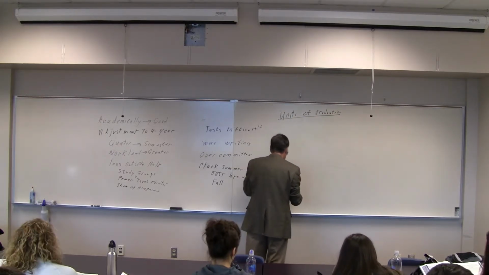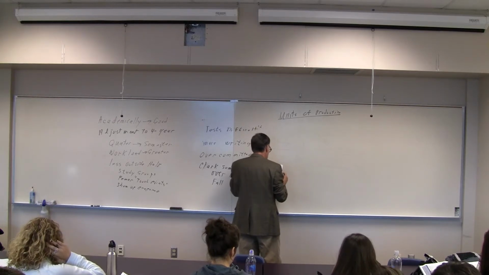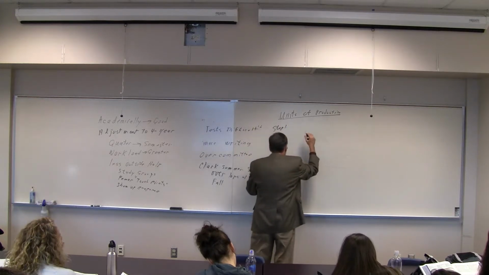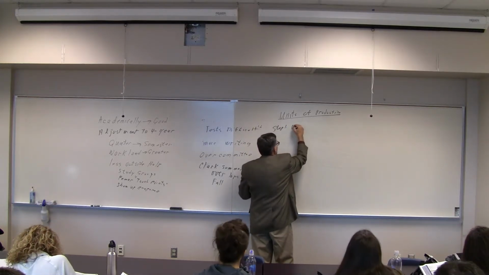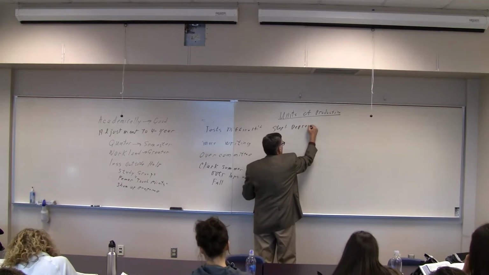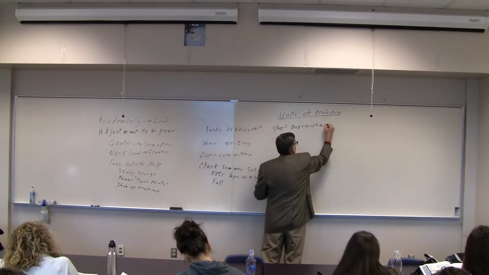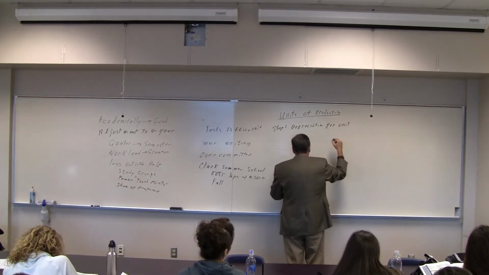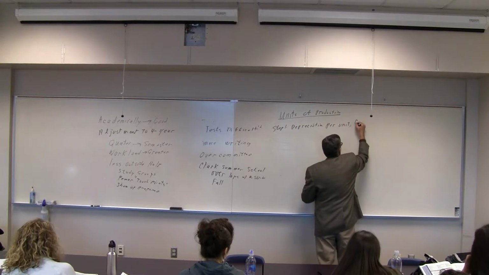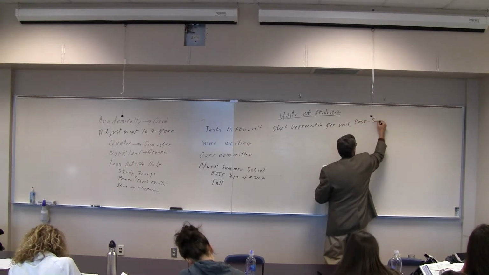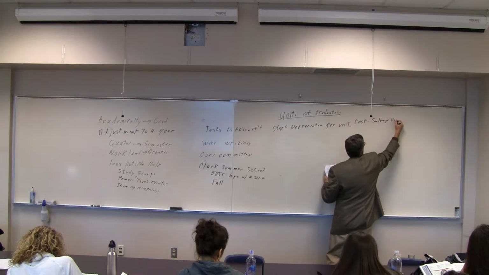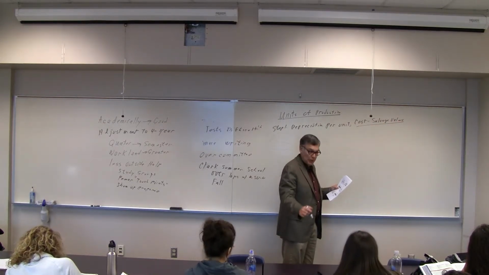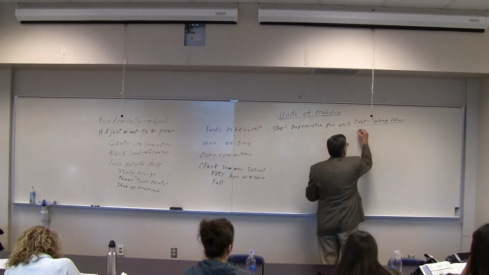Now, in this case, step one is depreciation per unit. The depreciation per unit equals the cost minus the salvage value. What do we call the cost minus salvage value? Depreciable cost, divided by total units of production.